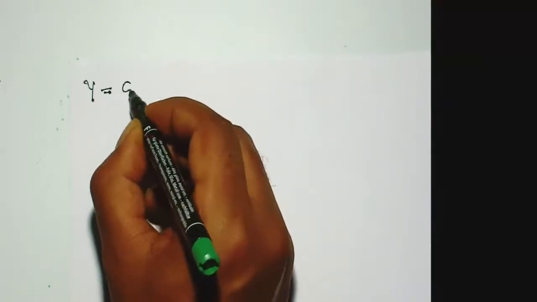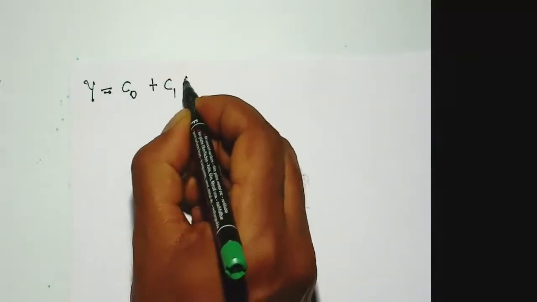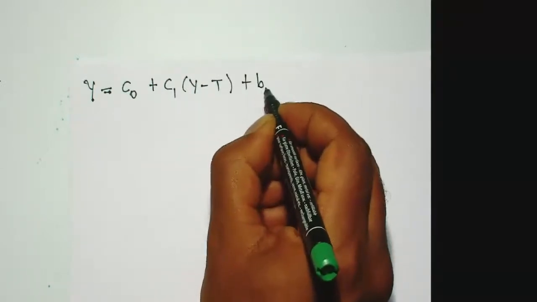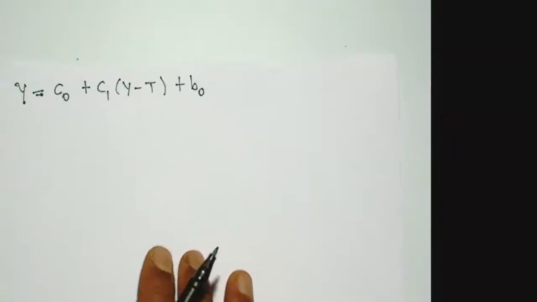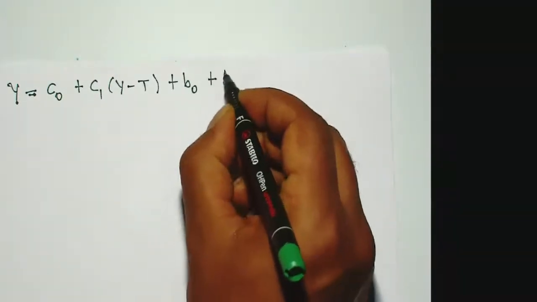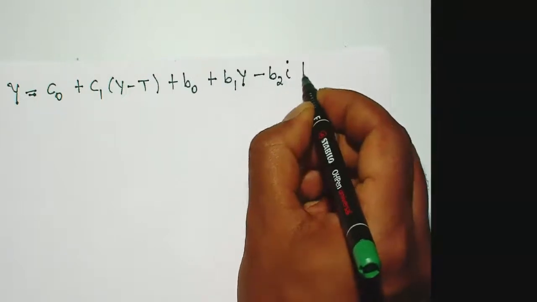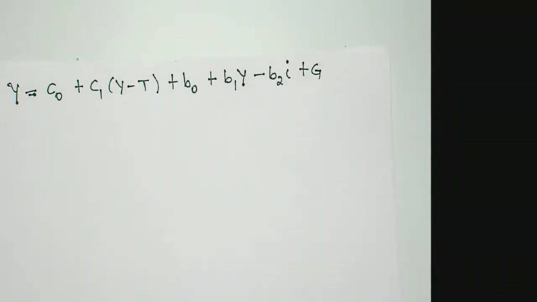We have said that our IS curve is given by the formula y is equal to C0 plus C1 multiplied by (y minus t) plus B0 plus B1y minus B2i plus government expenditure.